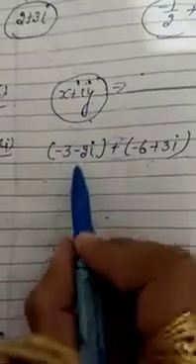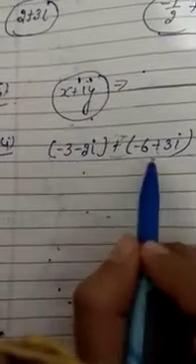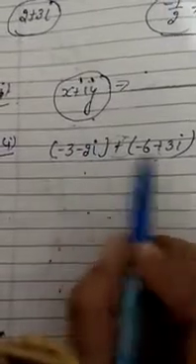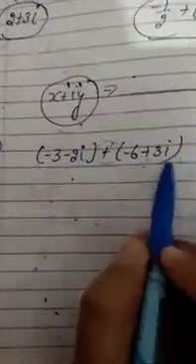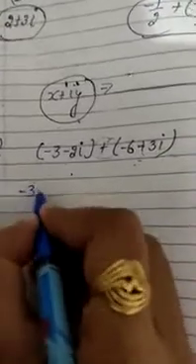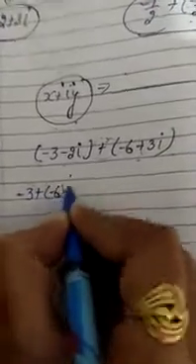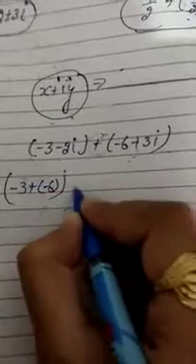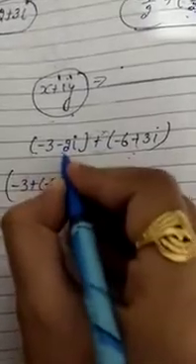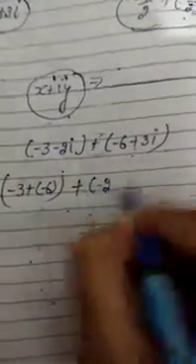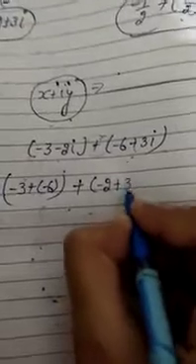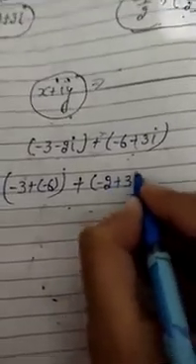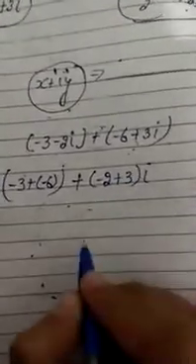y. So if we want to add two complex numbers, then the real part is always added to the real part and the imaginary part is always added to the imaginary part. So minus 3 plus minus 6, clear, plus the imaginary part. Here the imaginary part is minus 2, here the imaginary part is 3, and iota I am going to take common, clear.